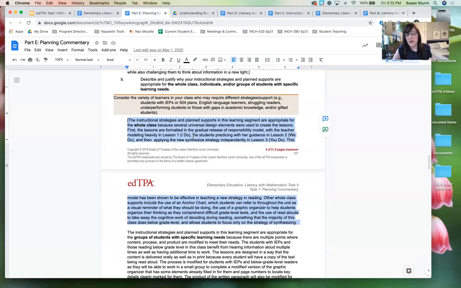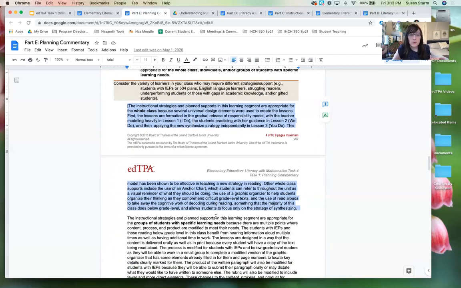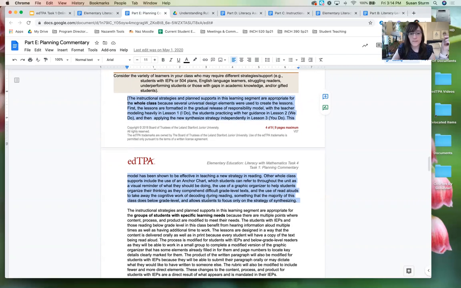And you can see how she has explained. The other whole class supports that a lot of you are going to use: anchor charts, the graphic organizer you're using. You're going to read aloud text to help your students decode, and just leaning in heavily on that modeling and thinking aloud. Those are the good universal things you're doing for everyone in your class, right? You can all write about that.